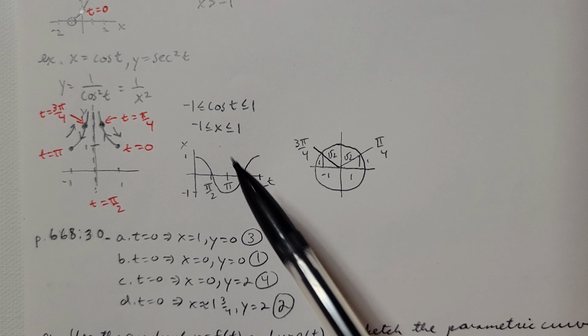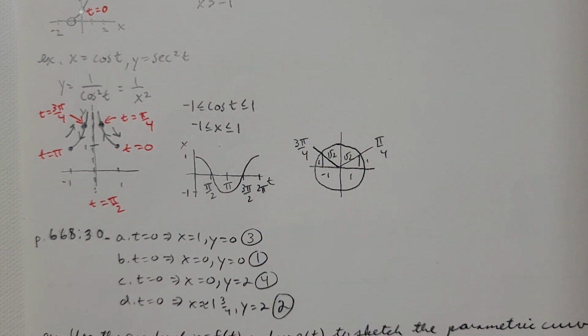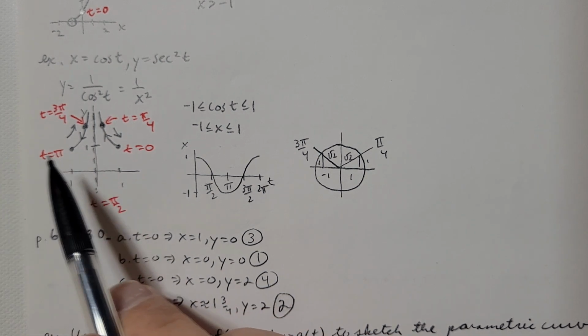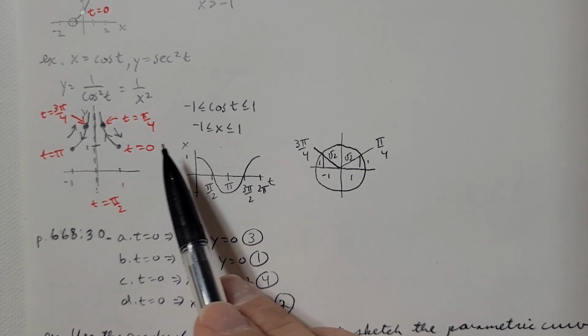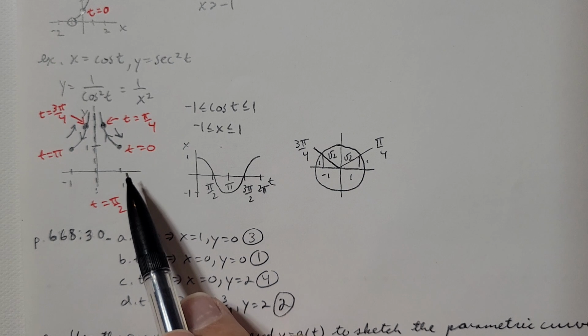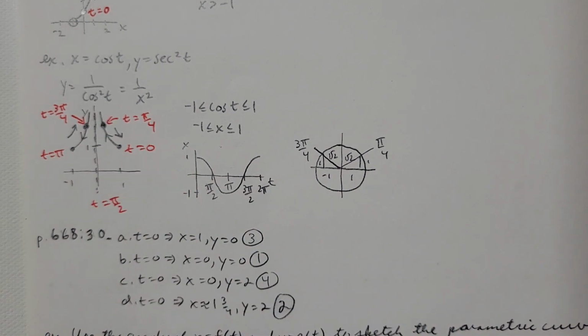So that'd be the domain of this curve here. So I don't want the curve heading out towards -infinity and infinity. I want to start when x is -1, and I want to end when x is 1. So I drew this curve heading up the y-axis there.